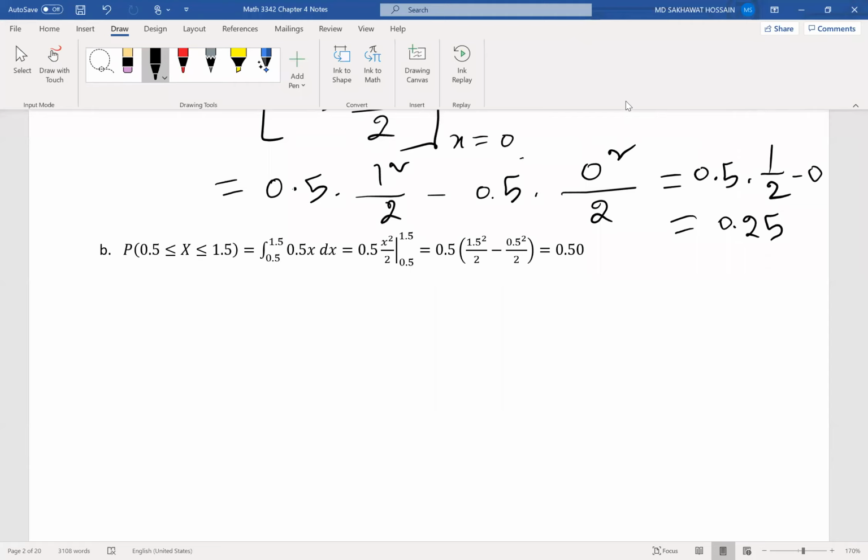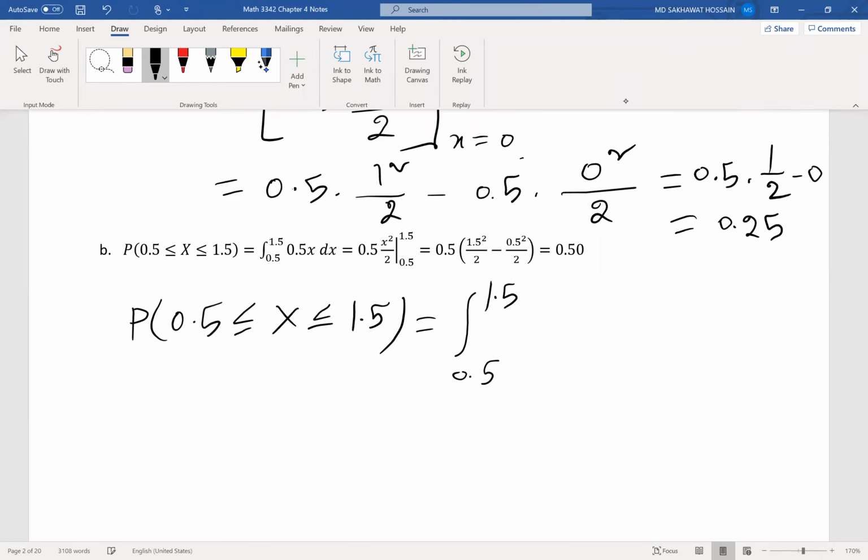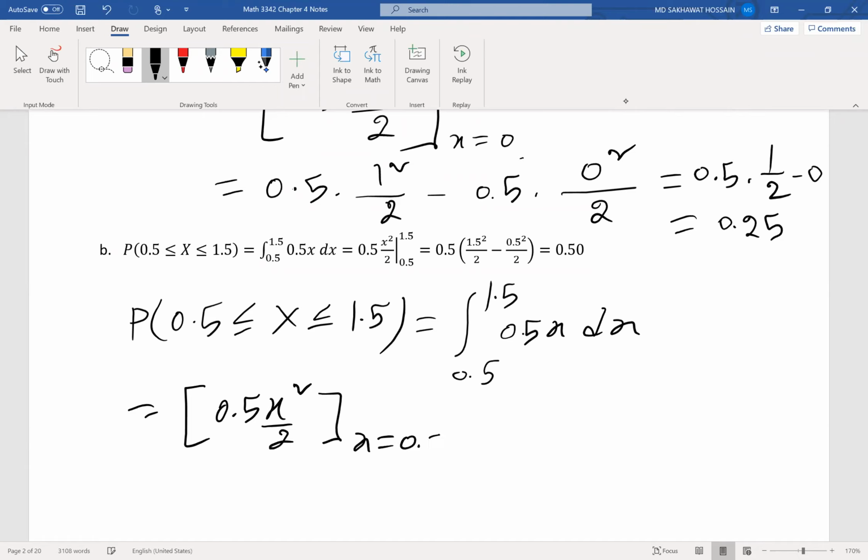So part B is we have to calculate the probability from 0.5 to 1.5, so the probability that 0.5 is less than or equal to x less than or equal to 1.5. That means the integral from 0.5 to 1.5 of 0.5x dx, which is 0.5 times x squared over 2, with x from 0.5 to 1.5.